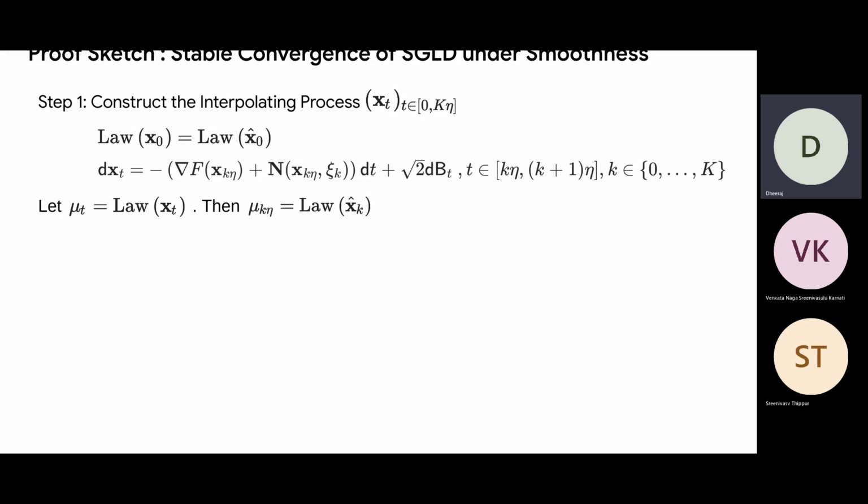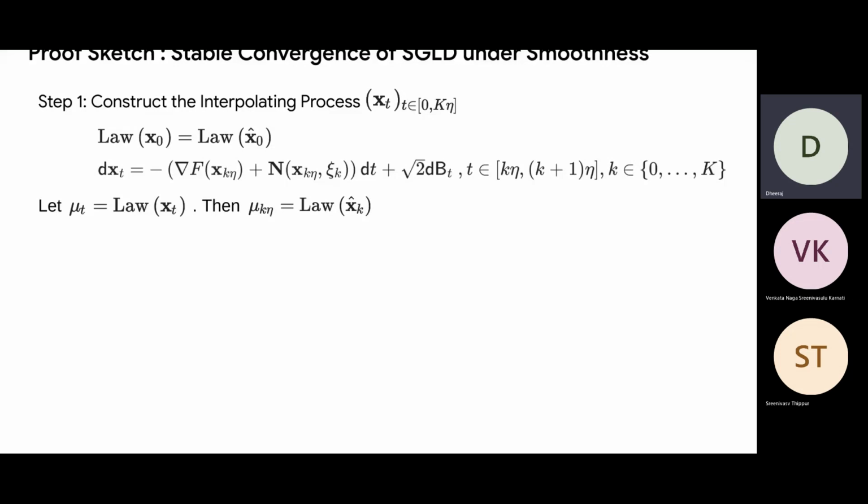Instead of taking grad f of x_t, I truncate it to grad f of x_{k eta}, that is, the previous time step. At integer times this will be your actual iterations, but at non-integer times it's a linear interpolation between. Let mu_t be the distribution of x_t, and we know that mu_{k eta} is the law of iterate x_k.